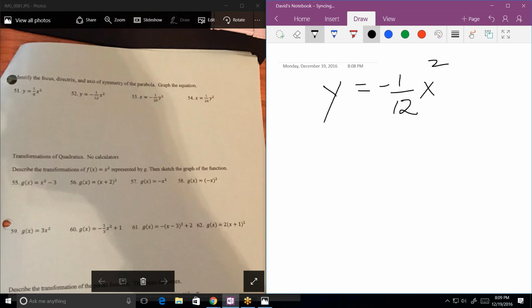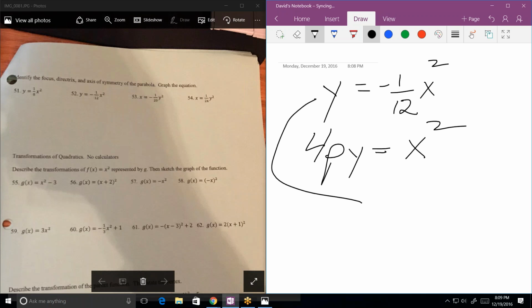Down, because that's a negative coefficient. So we know it's opening down, but first of all, we have to put it into this format: 4p times y equals x squared. So how do I take that and make it look like the other?